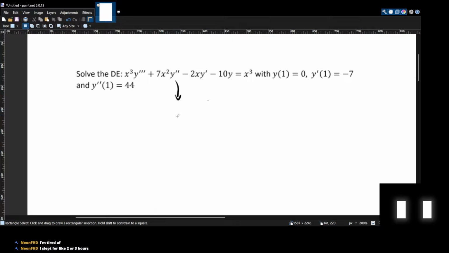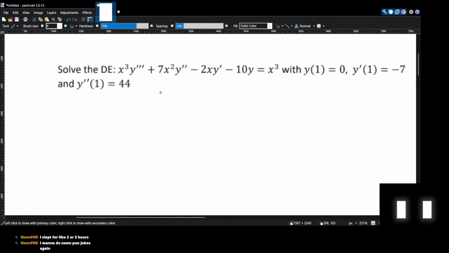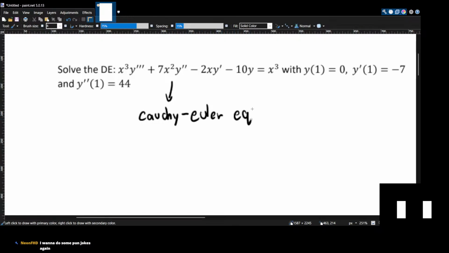All right, I slept for like 2 or 3 hours. Same. I've been researching a little bit on one of my homework, which I won't show here because it's a lengthy homework. I want to do some pun jokes again. Oh god. Cauchy-Euler equation.